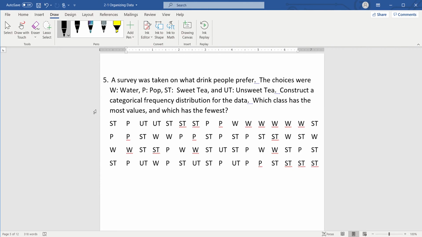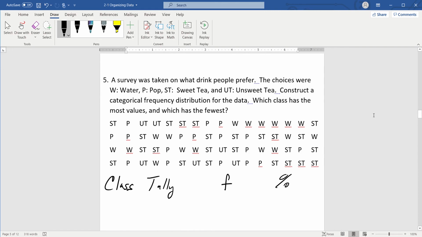There are no boundaries because that's a numerical value as well. For categorical frequency distributions, all you will have are the classes, then you'll have your tally, give some space, then you'll have frequency, and then you will have a percentage.